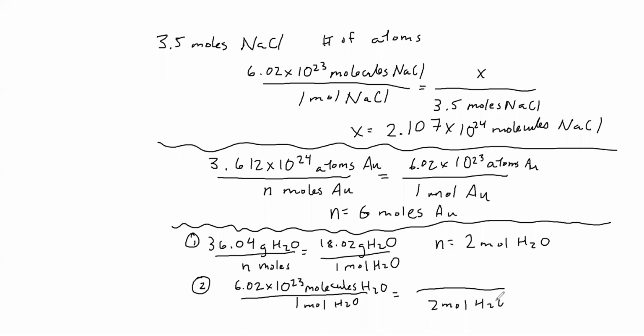So essentially, I'm just doubling up the number of molecules. This is an X number here, whereby X is equal to 2 times 6.02 times 10 to the 23, which gives me a very nice number of 1.204 times 10 to the 24 molecules of H2O. Now, so far so good. This is essentially what we have done up to this point in time.